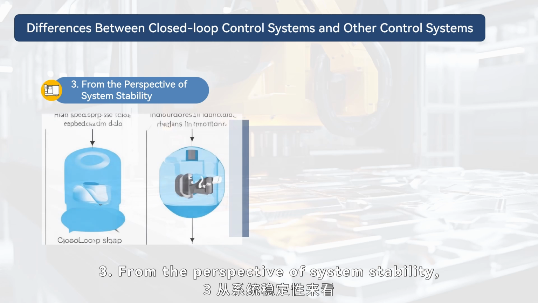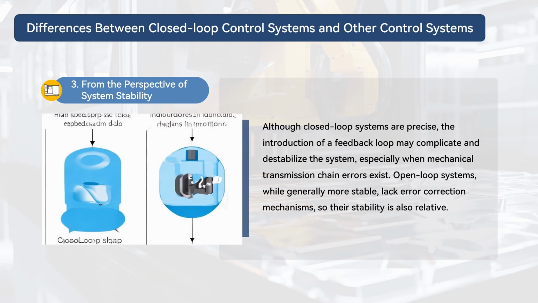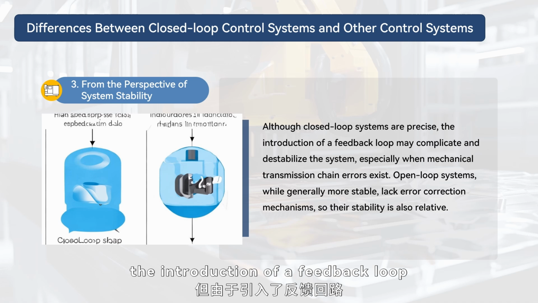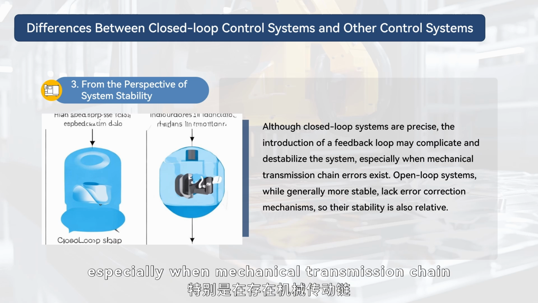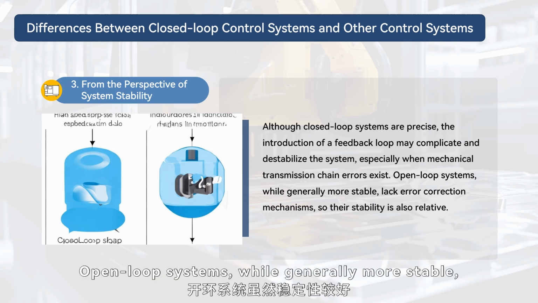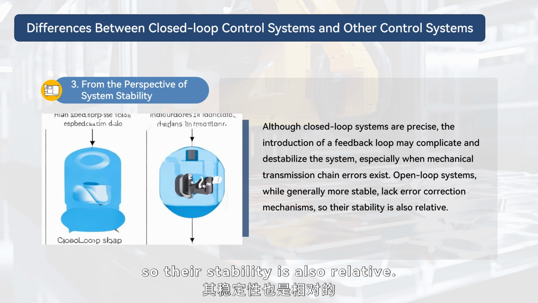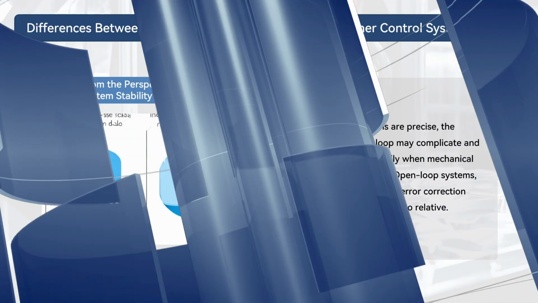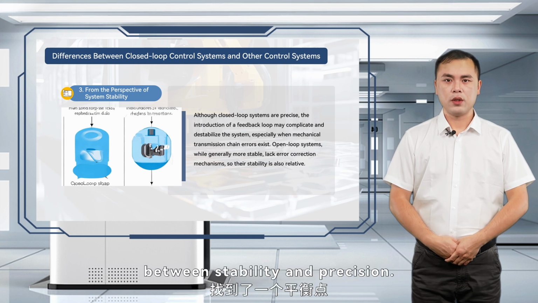From the perspective of system stability, although closed-loop systems are precise, the introduction of a feedback loop may complicate and destabilize the system, especially when mechanical transmission chain errors exist. Open-loop systems, while generally more stable, lack error correction mechanisms, so their stability is also relative. Semi-closed loop systems strike a balance between stability and precision.